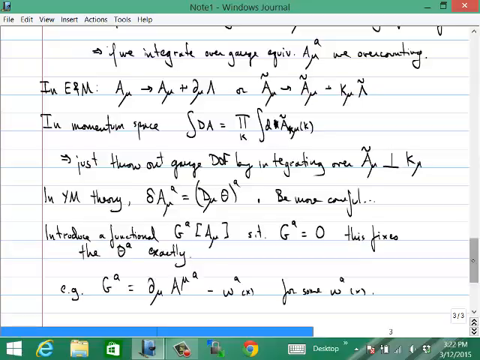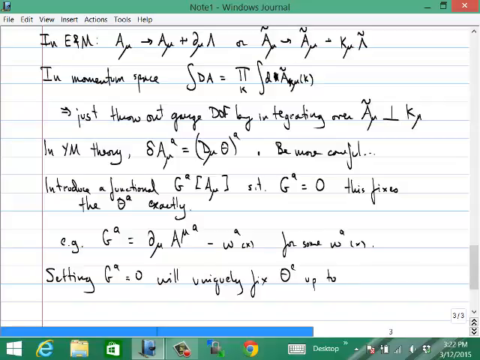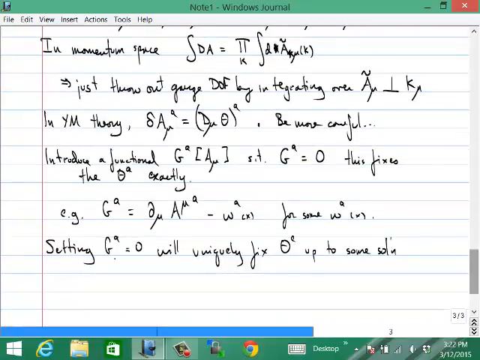That means that setting G^A equal to 0 will uniquely fix the gauge parameter theta^A up to some solution of the second order differential equation d^mu times the covariant derivative of theta is equal to 0.